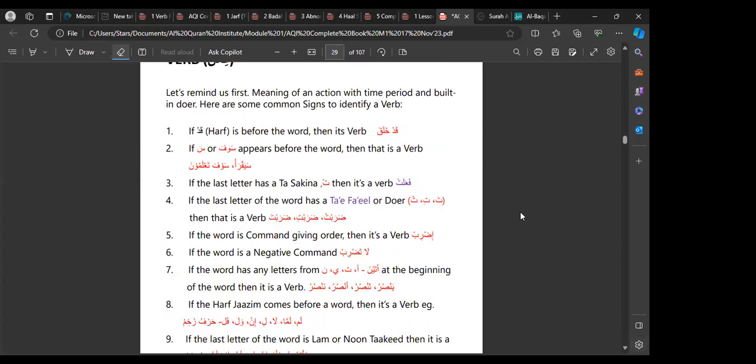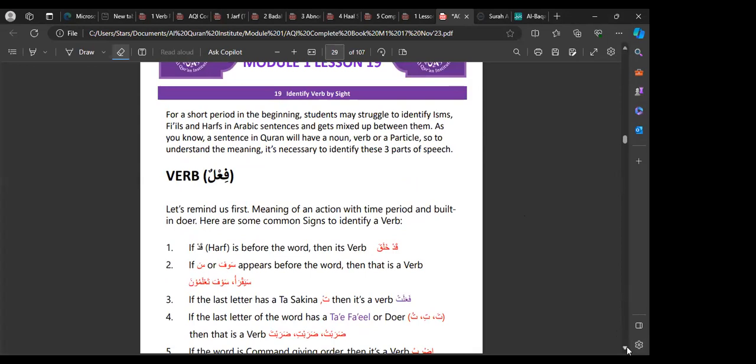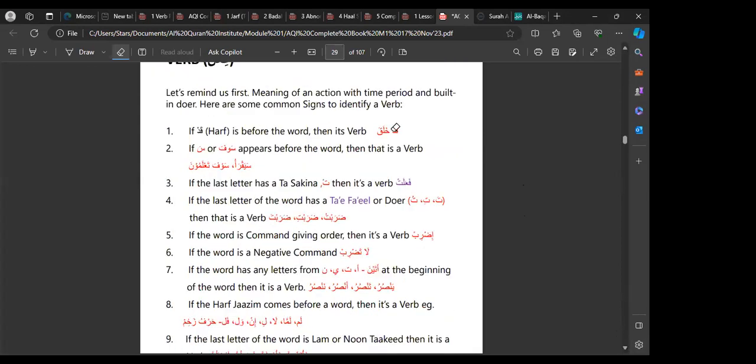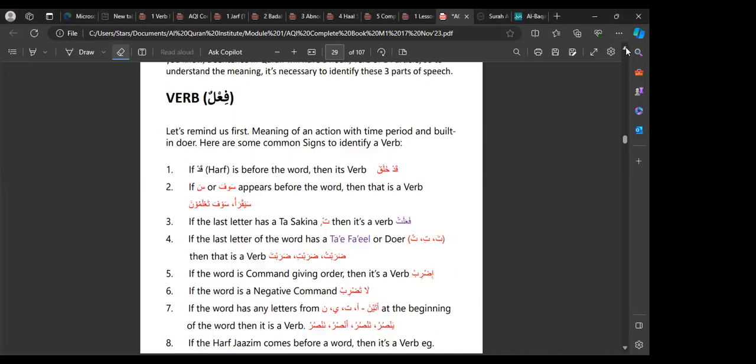Okay, Bismillah. So, how many signs do you think there are for harf? We've got 8 for the noun and 9 for the verb. How many? You can guess how many there are for the harf. Less. 10.